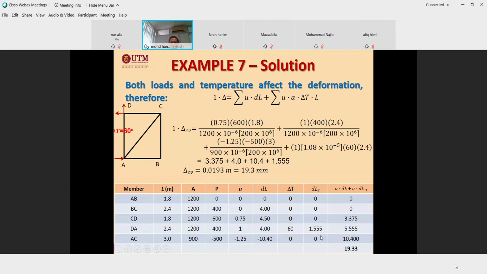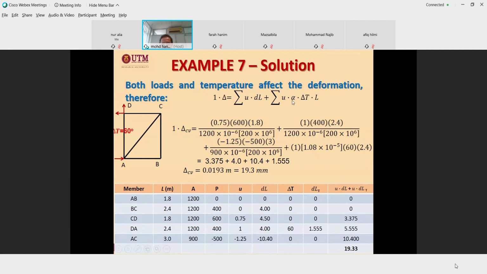But when it is combined with another member, they are sharing, or they are tolerancing between each other, so that maybe one member, even though it is 1.555, because you share with another member, maybe it is only 1.3. Let's take that as the example.